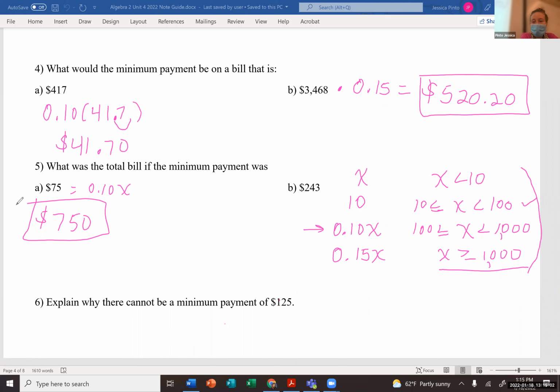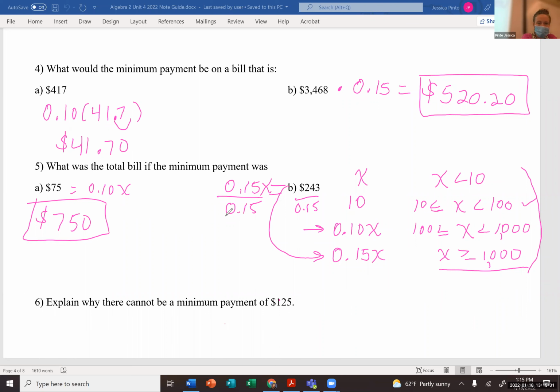So then looking at the 243, well, 10% of 1,000 is 100, and this is more than that. So I'm going to need to use the bottom equation for this. So I'm just going to set this equal to 0.15x, and then I'm going to divide by 0.15. It's going to make the number bigger, but I think I'm actually timesing by 15.